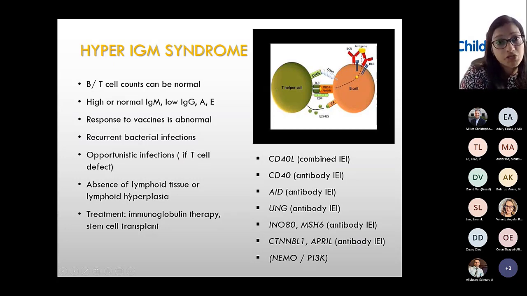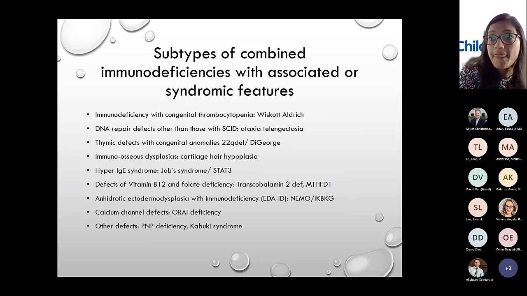These patients can have opportunistic infections. If the defect is in B cells, just an antibody deficiency, then some of these patients may not have opportunistic infections. Treatment depends on the presentation. Most of these patients, the severe forms, need stem cell transplant. Some patients may also need supportive therapy, and it depends on the type of the defect.